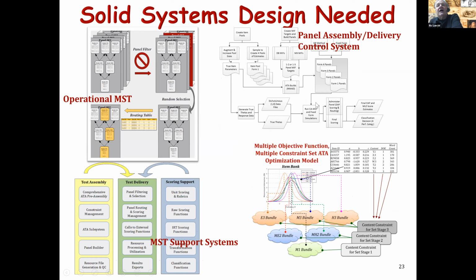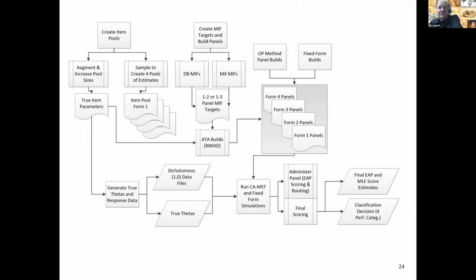A lot of pretty complicated systems design work underneath. The bottom right is how that ATA problem sets up, where you've got the content as well as statistics going into building all of these. And then again, the operational system is basically at the lower left in terms of a functional specification of what you need for those systems.